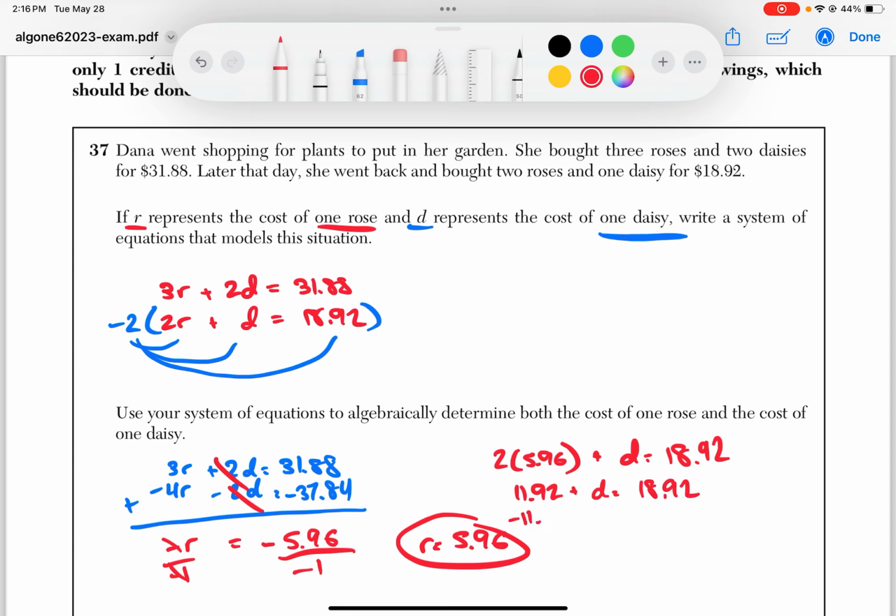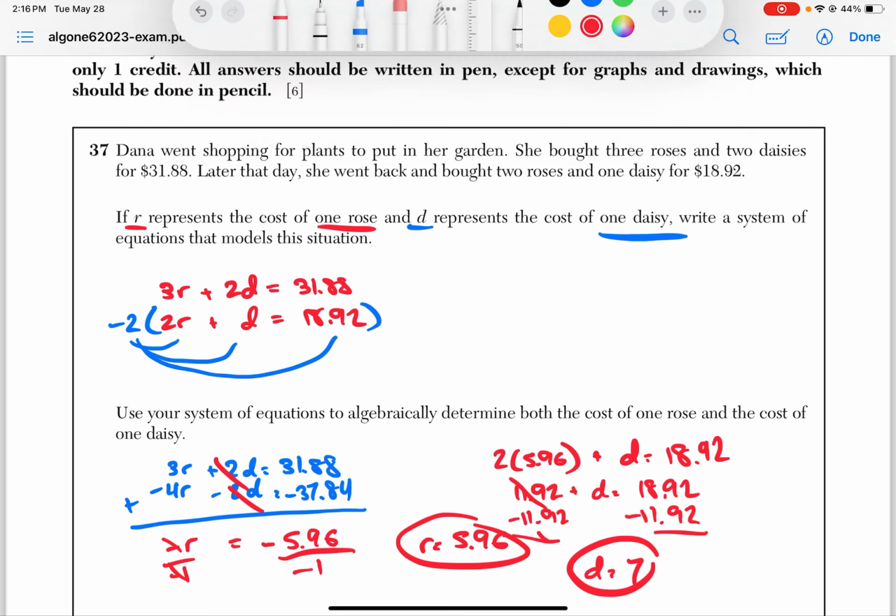So I just gotta subtract $11.92 from both sides. You get a nice clean 7. So $7 for a daisy, $5.96 for a rose.